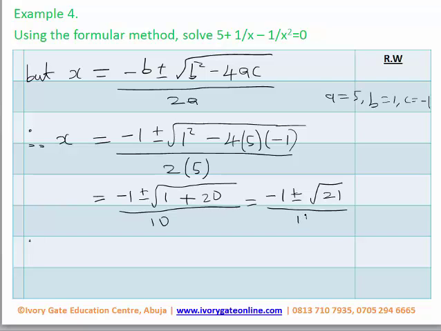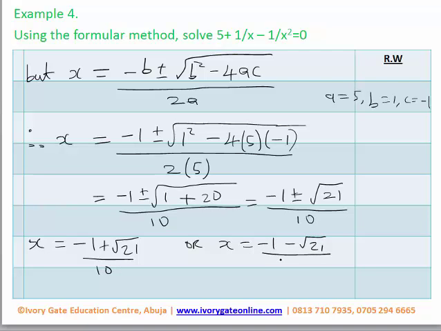all over 10. Square root of 21 is that x is equal to minus 1 plus square root of 21 all over 10, or x is equal to minus 1 minus square root of 21 all over 10.